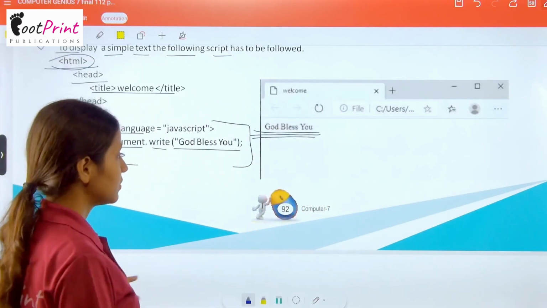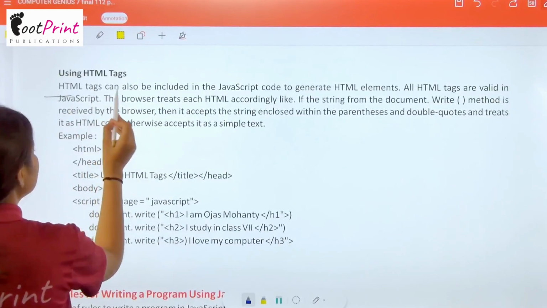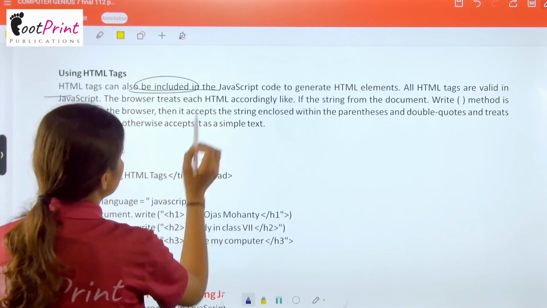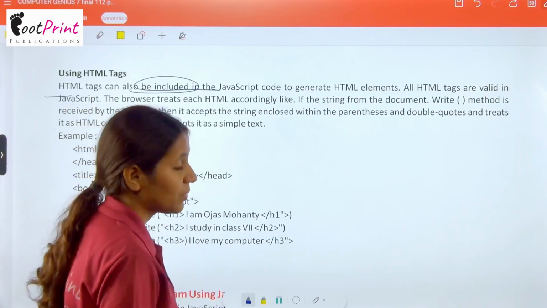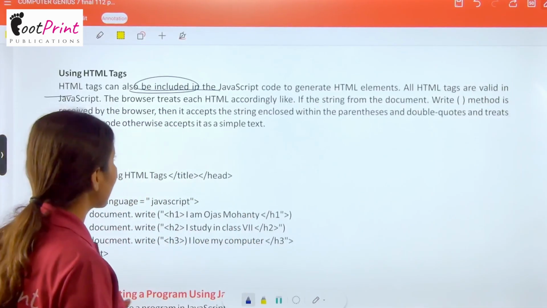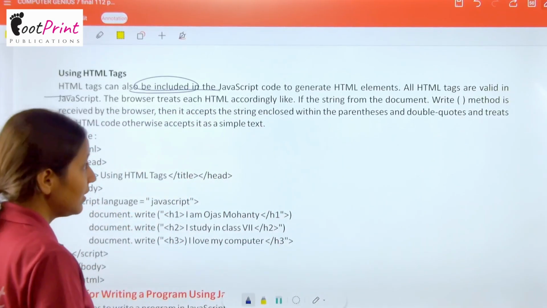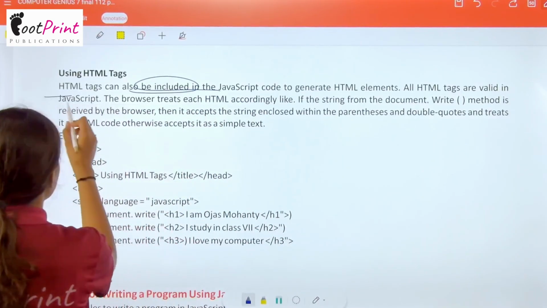God bless you. Now we have using HTML tags. HTML tags can also be included in the JavaScript code to generate HTML elements. We can add HTML tags to JavaScript code to create HTML elements. All HTML tags are valid in JavaScript.